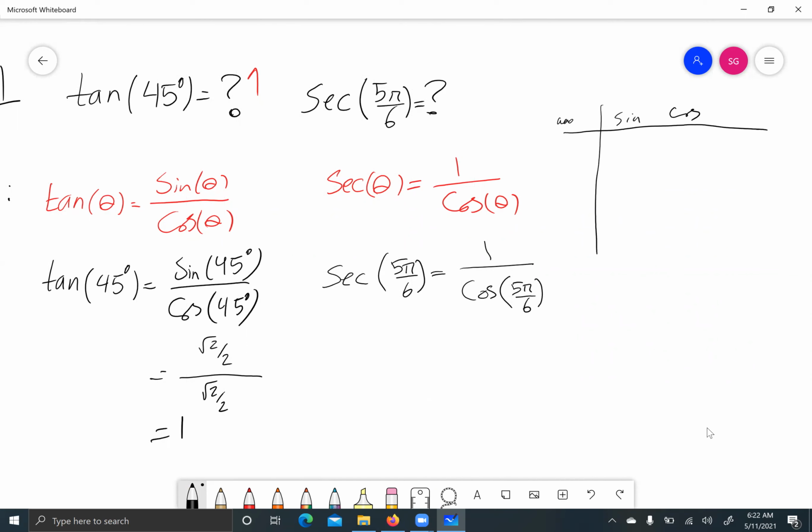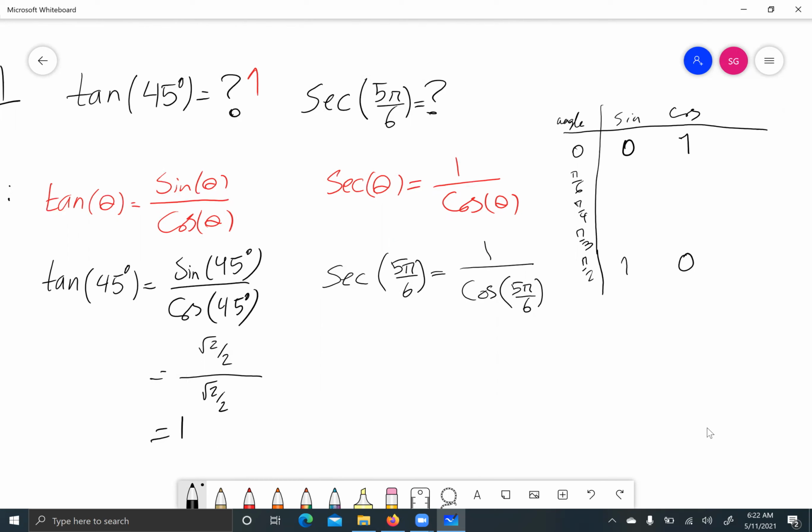Let's say the angle is 0, pi over 6, pi over 4, pi over 3, and pi over 2. It would be very good if you know the sine and cosine. For example, for 0, sine is 0, cosine is 1. Pi over 2 is the reverse.